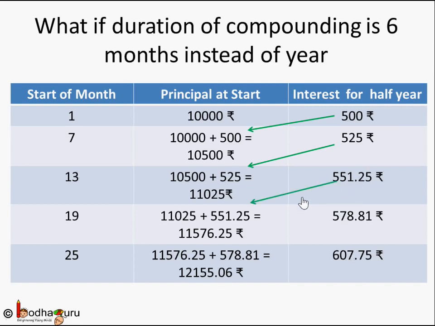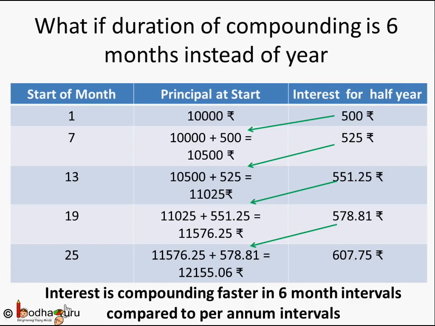At the end of the second year, which is basically the start of the third year, in the previous case when the compounding was done annually, you were earning 1,100 rupees. But if you add these two, the entire interest becomes more than 1,100 rupees. So what is happening is, because you are compounding faster, you are using the principal with more interest in a faster way, hence your interest is increasing.